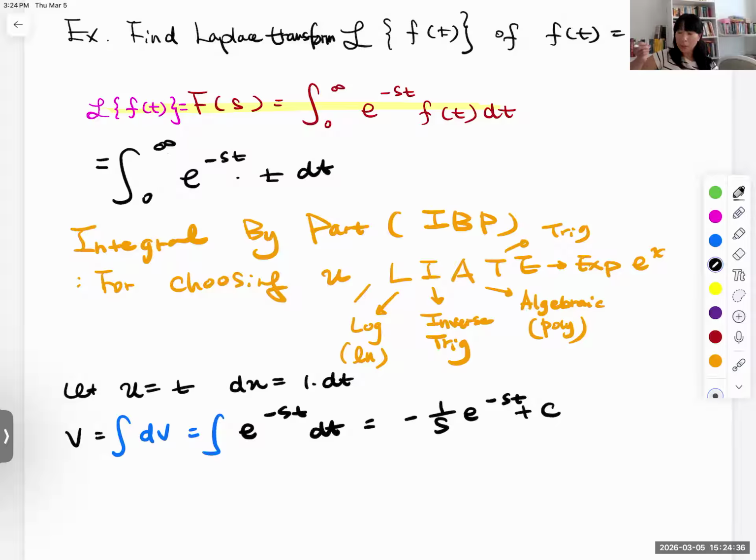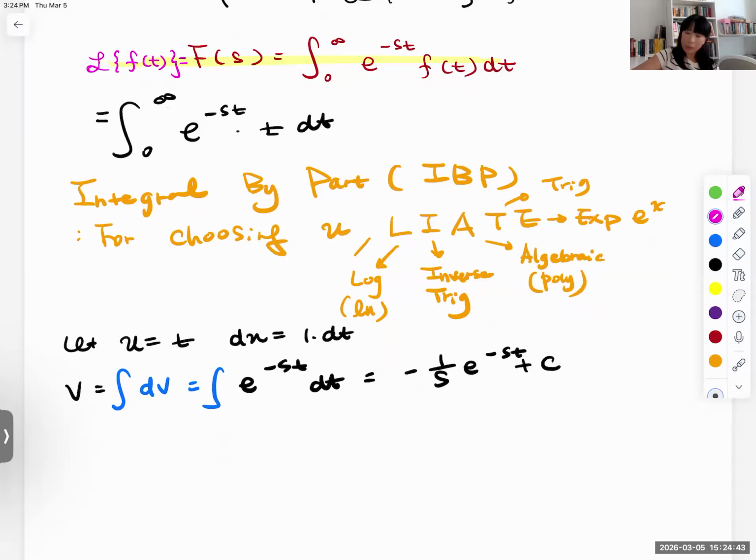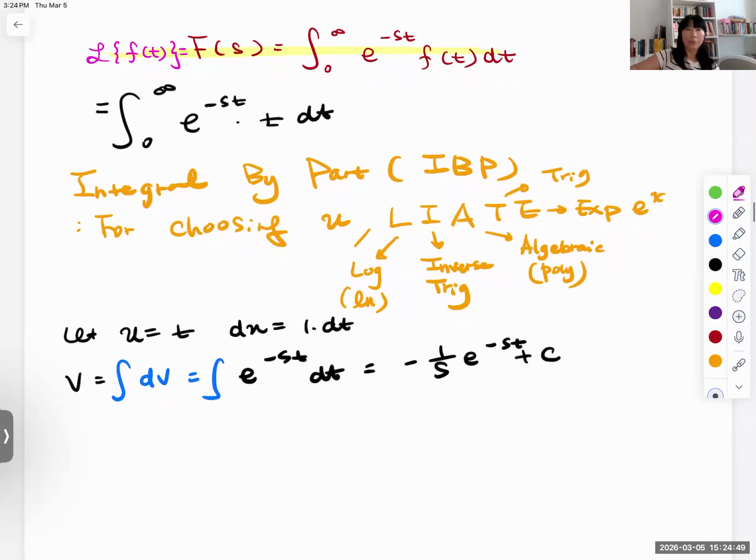Then integration by parts: the integral of u dv is uv minus the integral of v du. That's the formula.